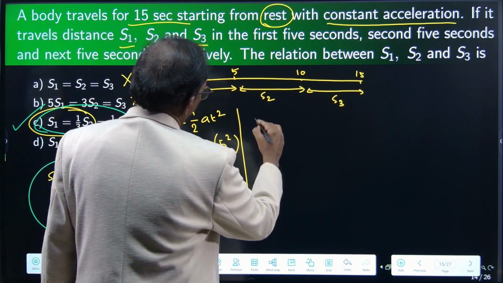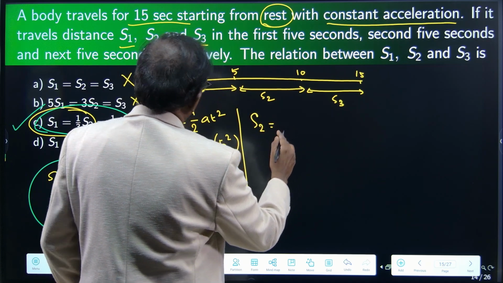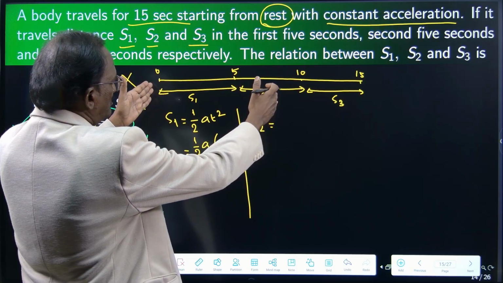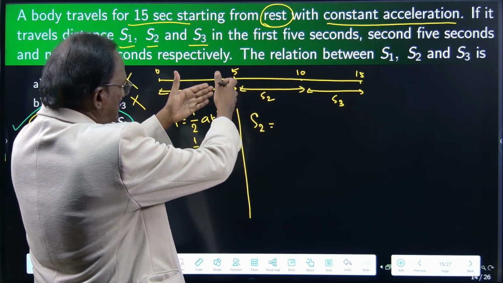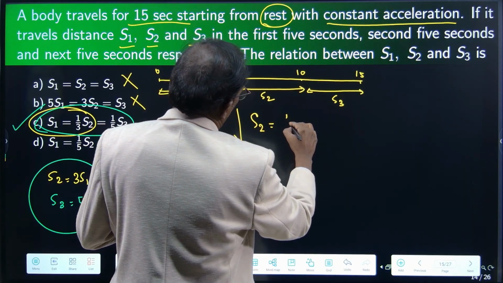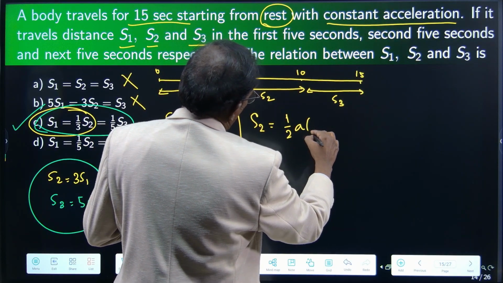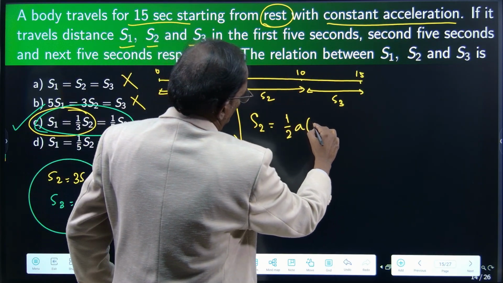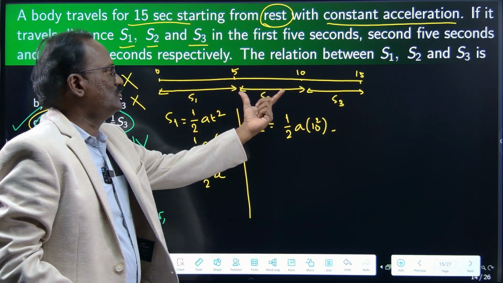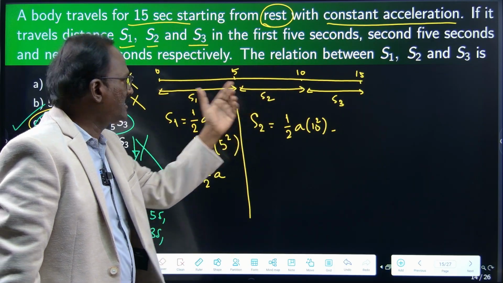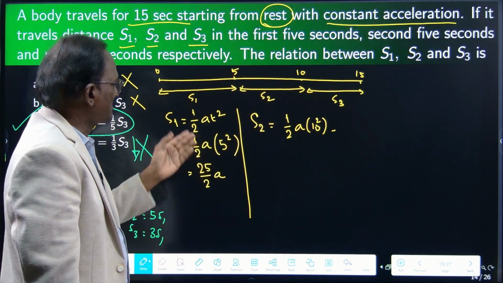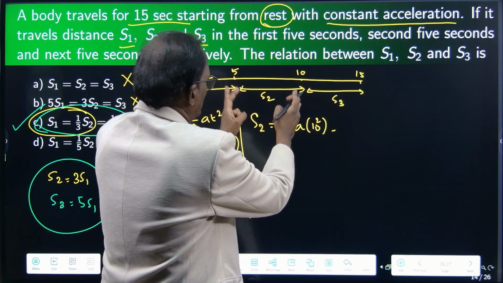Then S2. S2 is equal to the total time minus this one, right? So S2 is equal to half a, total time is 10 square, minus this distance. S2 is the time interval, not from the beginning, so I have to subtract this value to find this only, right?